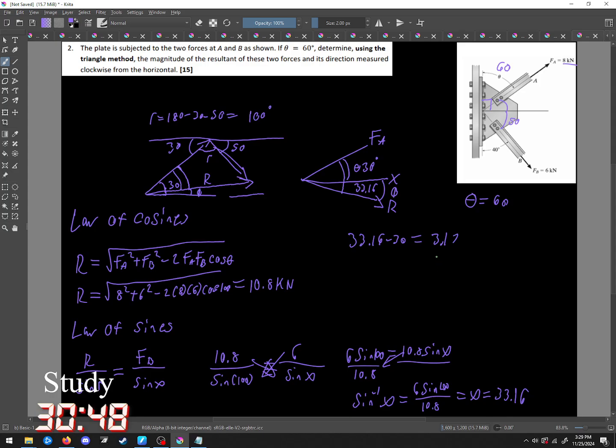With this known, now we have that our angle, which I was never good at drawing these fish, equals 3.17, and that the magnitude R is 10.8 kilonewtons.